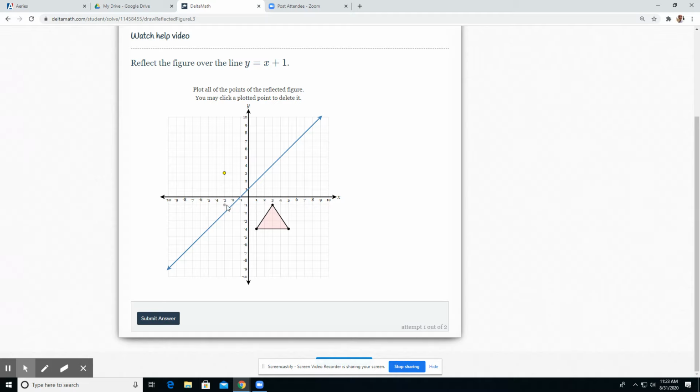And do that on the same side. 1, 2, 3. There's that one. And then the last one here, left 1, up 1, left, let's see. 1, 2, 3, 4, 5.